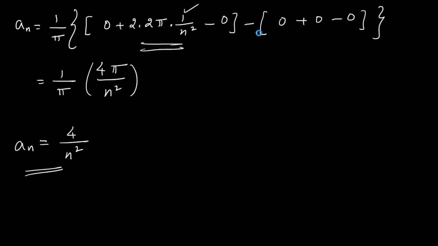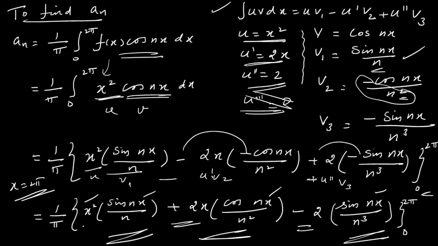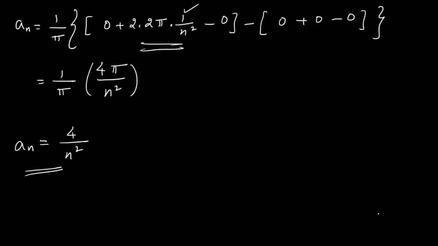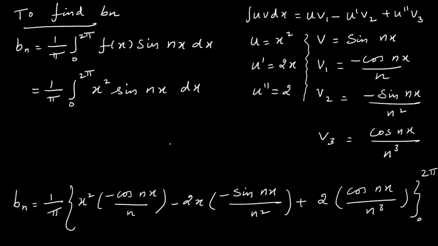Minus, coming to the lower limit. If you replace x by 0, this term 0, because sin 0 value 0 and also x square means 0 square 0. Second term, if you replace x by 0, this term 0, sin 0 value 0. So you don't have any other terms. So simplifying this, you get the value of an as 4 divided by n square.